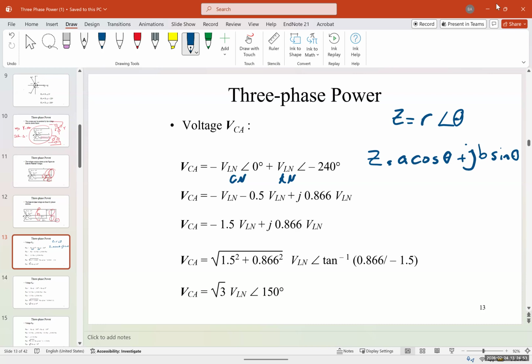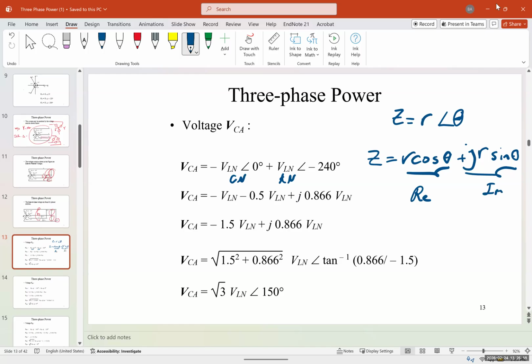Or let me put it this way to make it easier. Z would be equal to R cosine of theta plus J R sine of theta. This would be my A and this would be my B. And this is the real part. Not to confuse you, this is going to be the real part. This is the imaginary part.